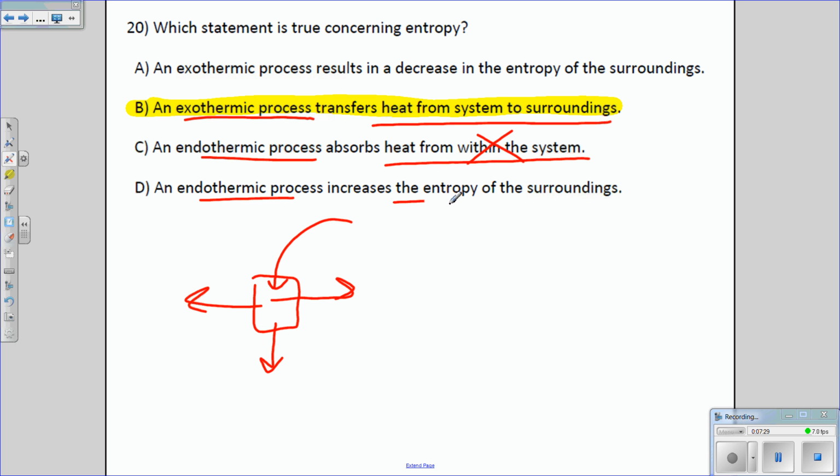Endothermic process increases the entropy of the surroundings. That's not true. Exothermic process results in a decrease in the entropy of the surroundings. That's not true because if you use the SLG rule, think about it this way: an exothermic process is a change in heat, and it doesn't really affect the entropy of the surroundings anyway.